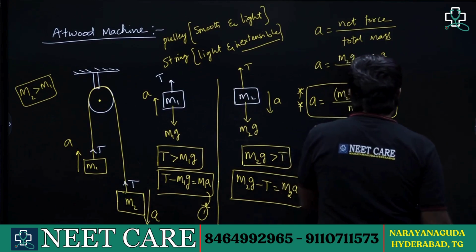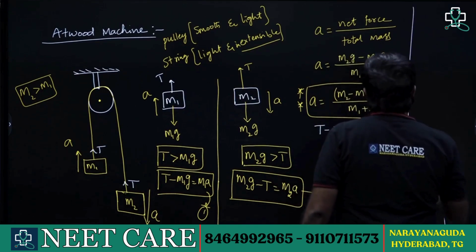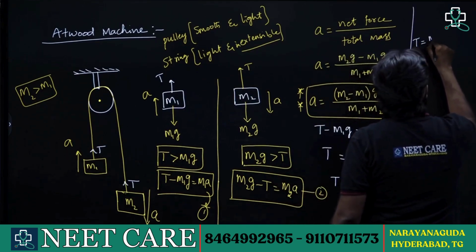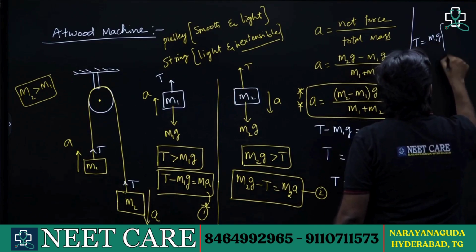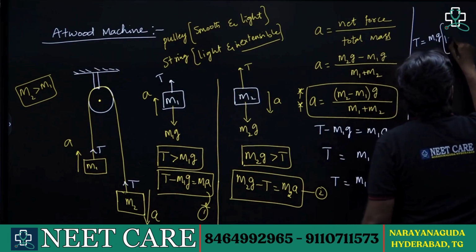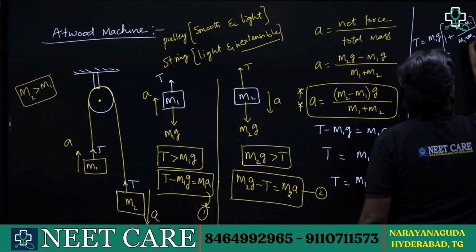So you can take G common. So this is equal to M1G into 1 plus M2 minus M1 by M1 plus M2. Try to do this simplification inside the bracket.